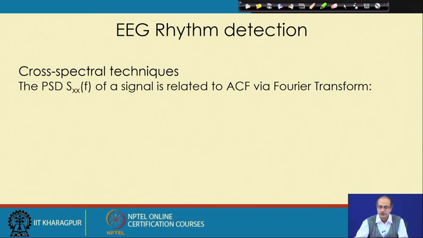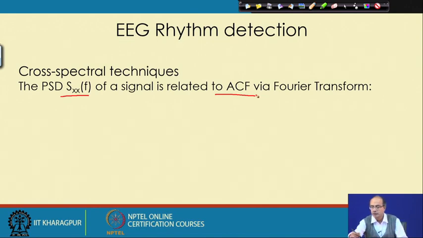To correlate that, first we notice what we call the spectrum or power spectral density, which we write as Sxx, where f is the frequency. It is nothing but the Fourier transform of the autocorrelation function of the signal.